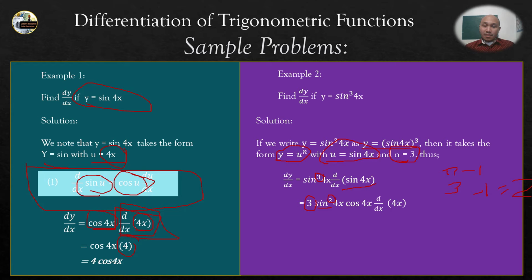So sine u becomes cosine 4x, then d over dx of 4x is 1. Then 3 sine squared 4x cosine 4x times the differentiation of this part, 4x, d over dx, which is equal to 4. So our final answer for problem number 2 is 12 sine squared 4x cosine 4x.